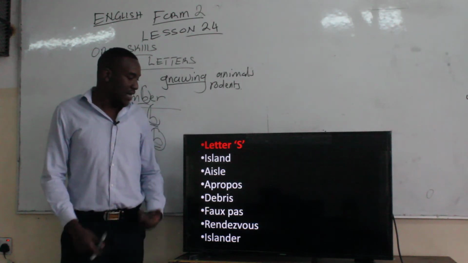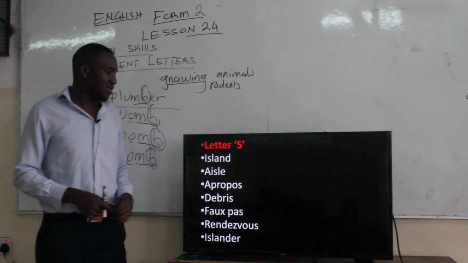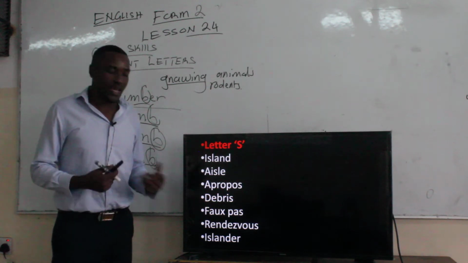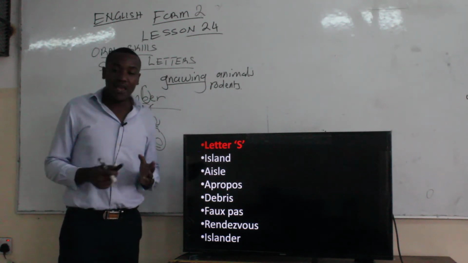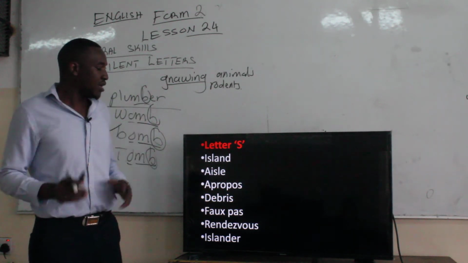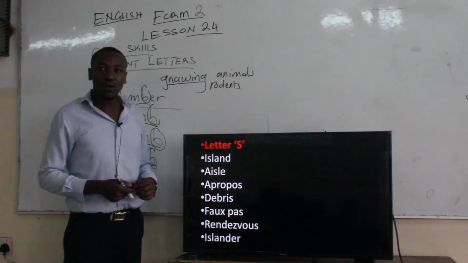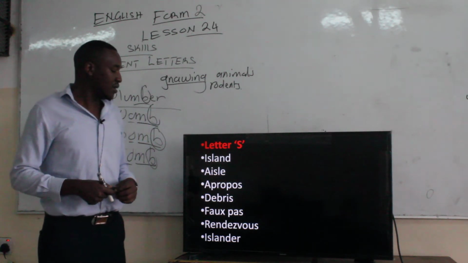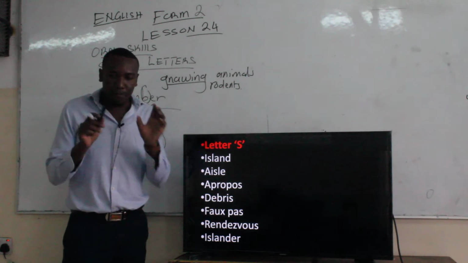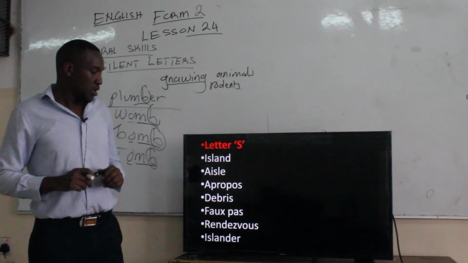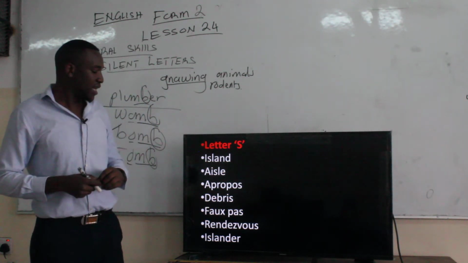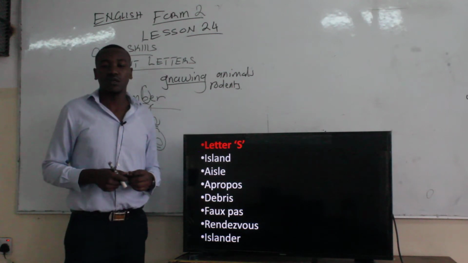Then we have letter S, where the S is silent in the following words. The first one is island, not Izland. It's island. The S is silent. Aisle. They walk down the aisle. Then we have apropos. The S must be there in the spelling, but it's not pronounced.